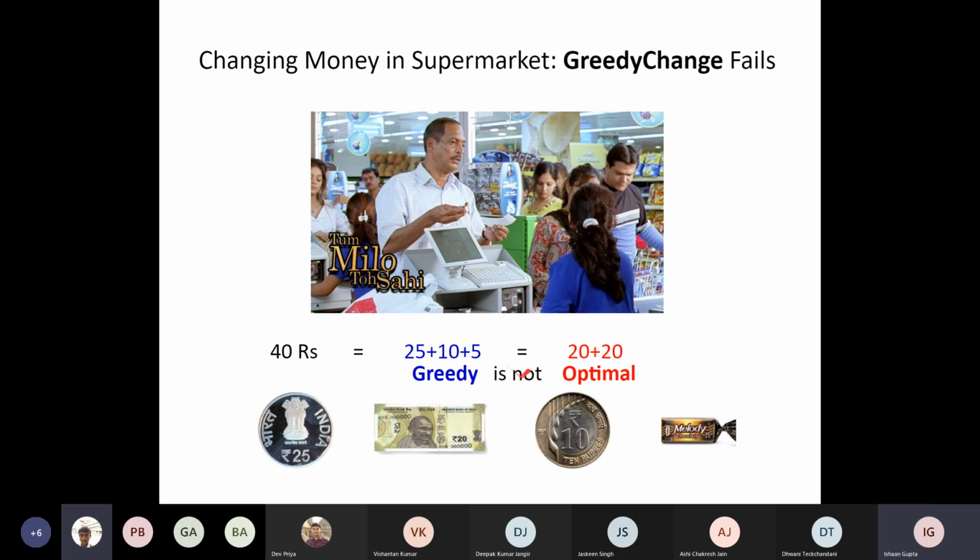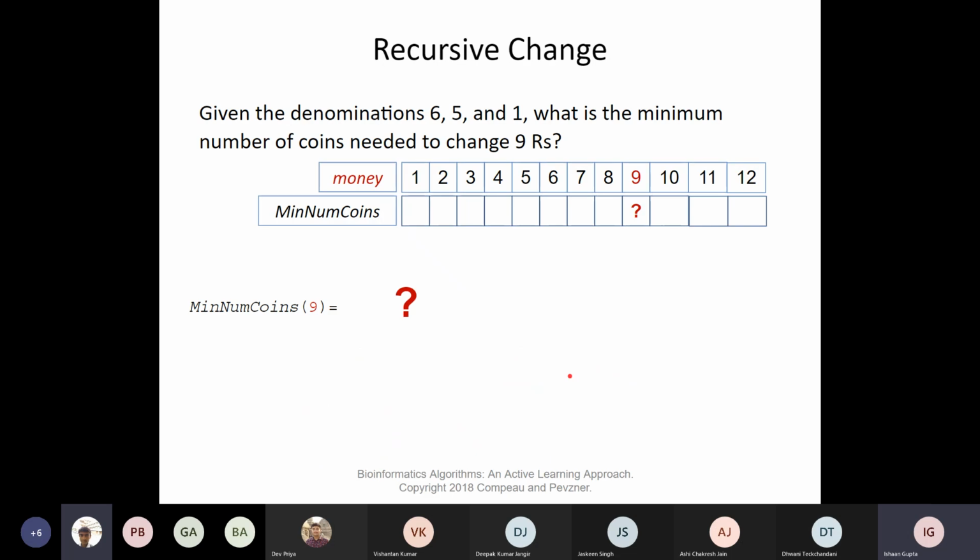Now when you look at this particular strategy, the greedy strategy always starts with the highest denomination and then goes down. But the optimal strategy suggests that you don't have to start with the highest denomination. You have to possibly explore all denominations. The way to do it is recursively, and I'll show you how.